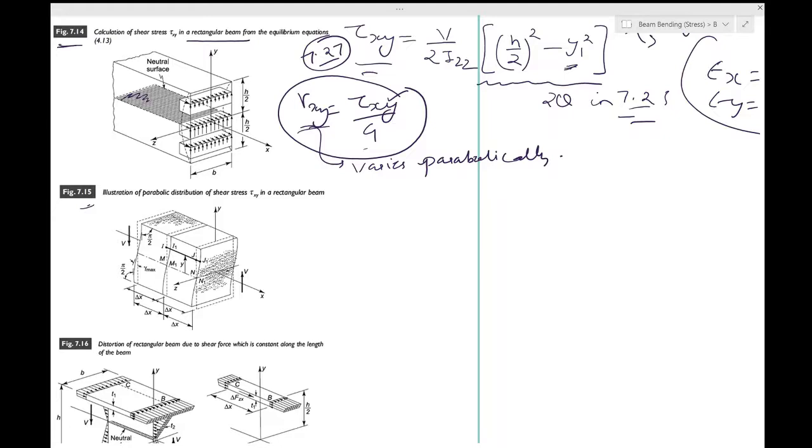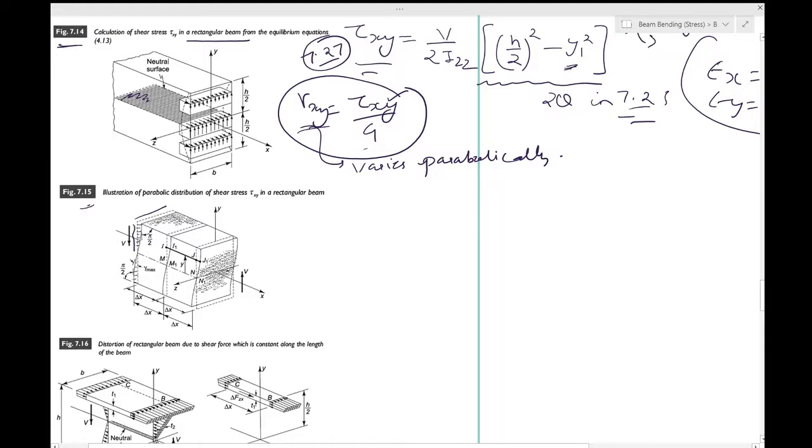The tau xy, which was basically this, okay, let's just see this one. This dashed line is the undeformed one. So the strain varies parabolically, and hence this will be less, and it will keep on increasing parabolically. And the same would apply over here.